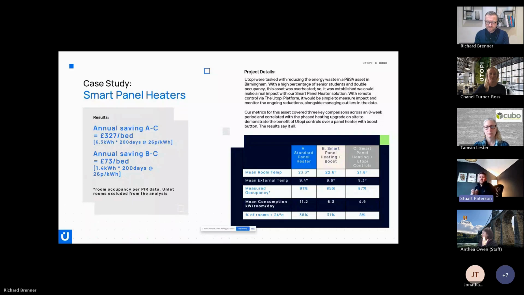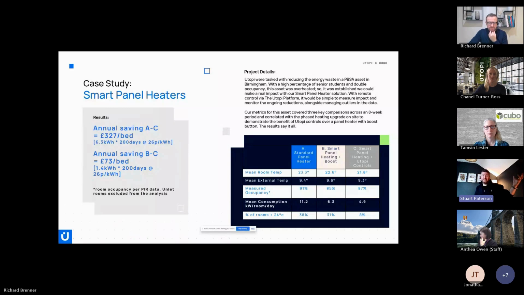And at that point, and Chanel touched on this earlier on, that was an aha moment for Utopi, because the operator had said to us, "You're recommending these controls, why don't you have that as a product?" And we were like, yeah, we absolutely should have that as a product.